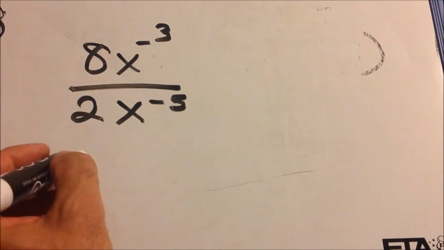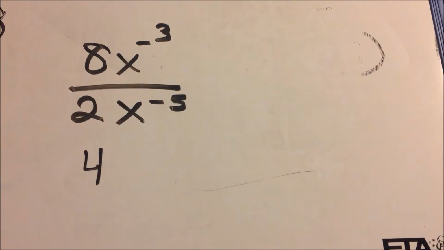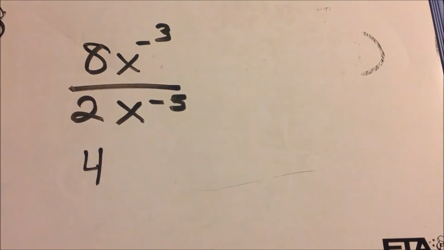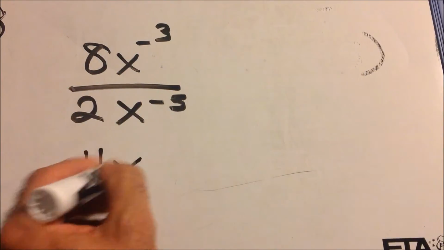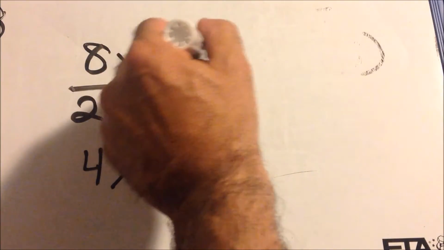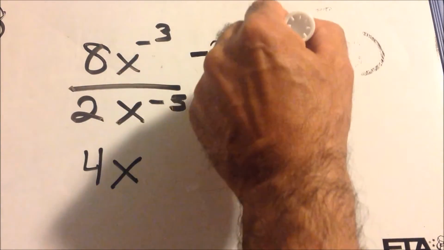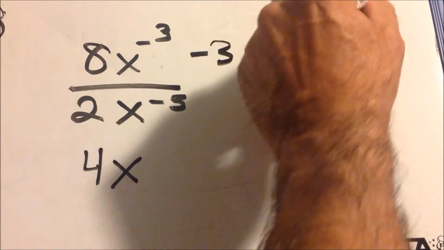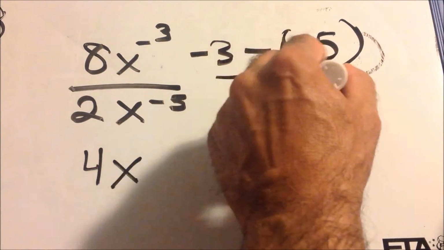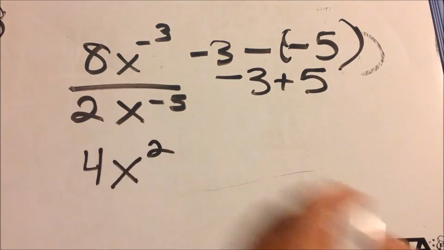They're just constants. So this will be a 4. The variables are the ones with exponents, and they have the same base, x. Right? And now with division, it's negative 3 minus a negative 5. And we just keep change. So it'll be negative 3 plus 5, which will be 2. That'll be our answer.